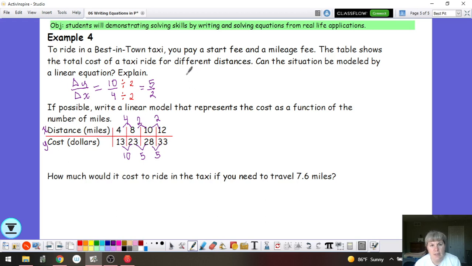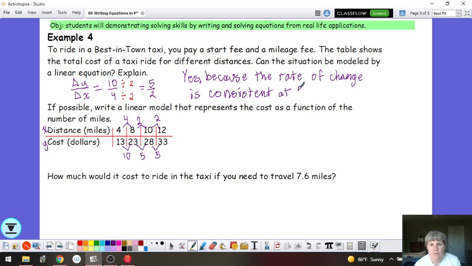So yes, this can be modeled by a linear equation because the rate of change is consistent at 5 over 2. So we have our slope, that's our rate of change.